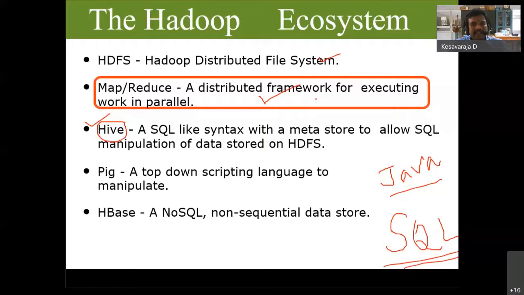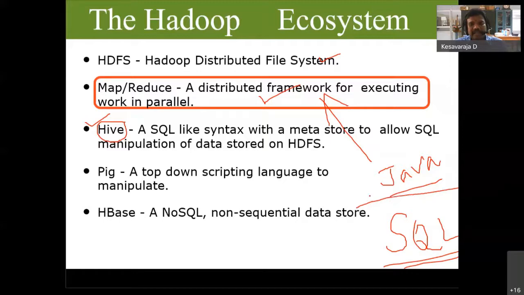But with MapReduce, you must write a program in Java or Python. So companies would have to replace their database engineers with programmers. That's very tough, so in that situation Facebook launched a new technology.